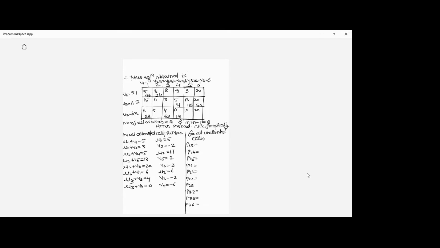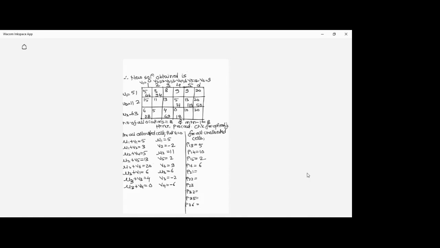So p13, you'll be getting 5 minus 2 is 3, 8 minus 3 is 5. P14 you'll be getting 5 minus 6 is minus 1, and 9 minus minus 1 is 10. P15 is 5 plus 2 is 7, 9 minus 7 is 2. P16 is 9 plus 5 is 14, 20 minus 14 is 6.